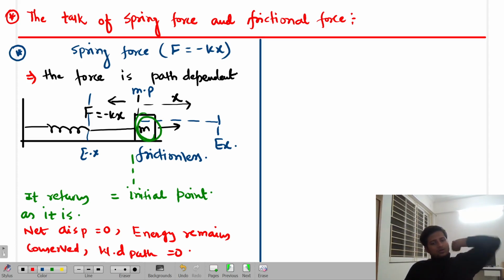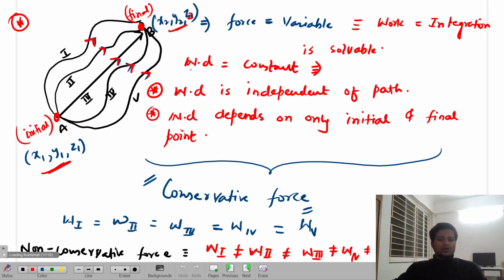Zero. So what do we observe? When the net work done along any path is zero, it is called a conservative force or not?